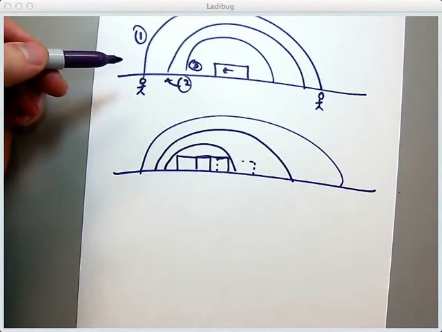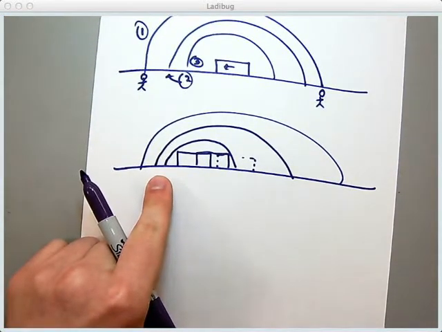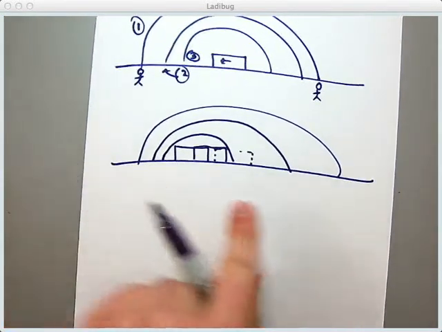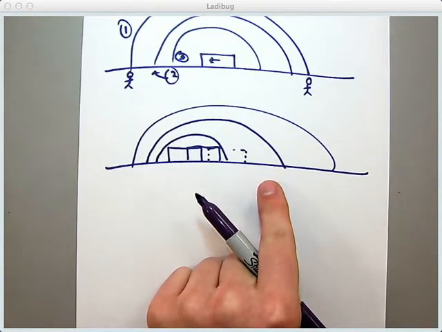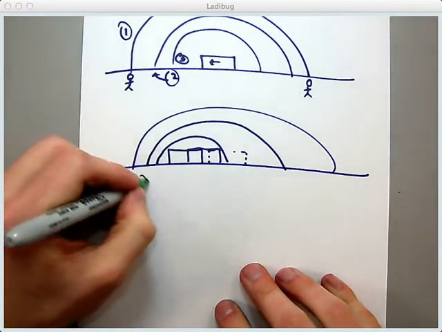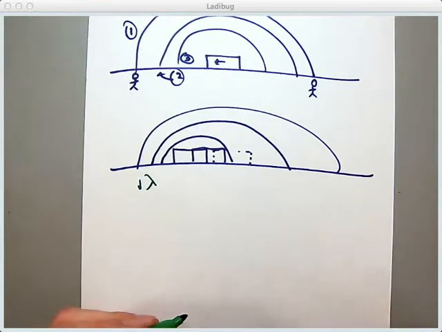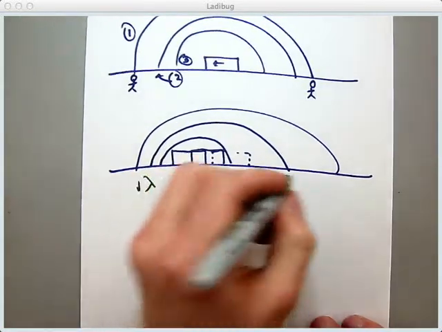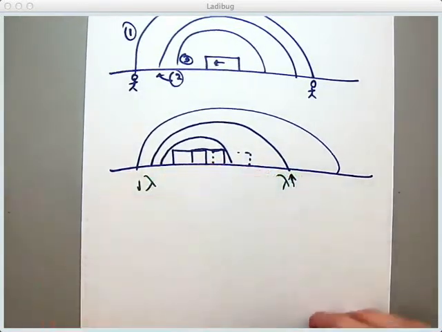But on one side they are closer, and on one side they're farther apart. If I have waves that are close, that means I have a small wavelength. So on this side I have a small wavelength, and on this side I have a large wavelength. Right?